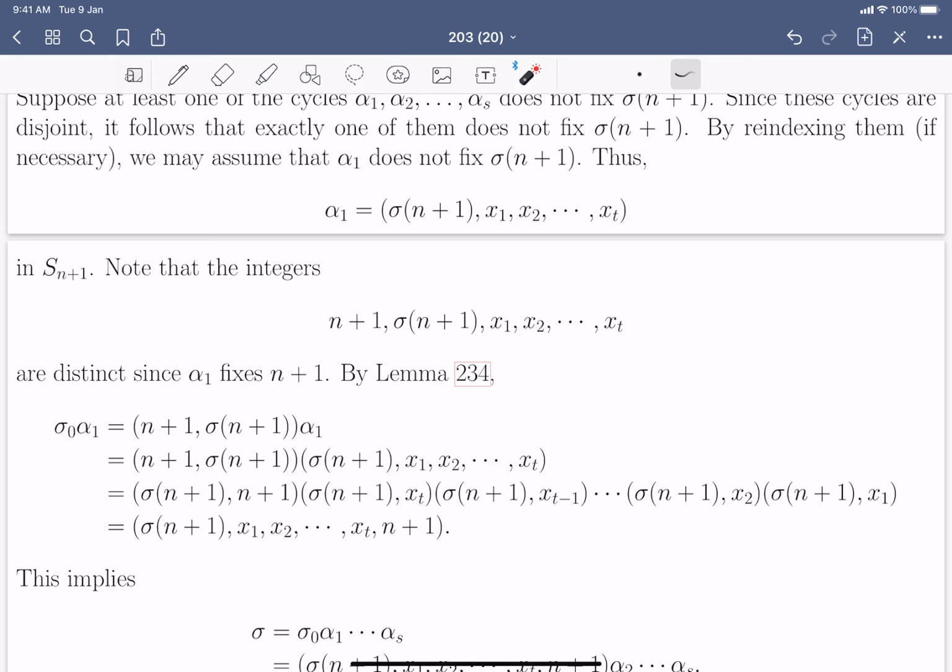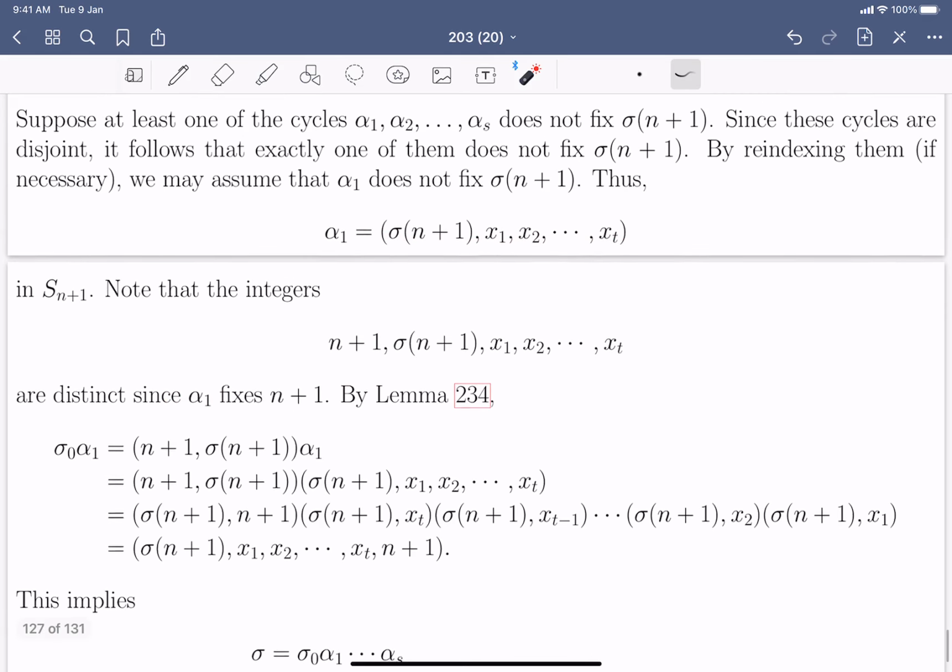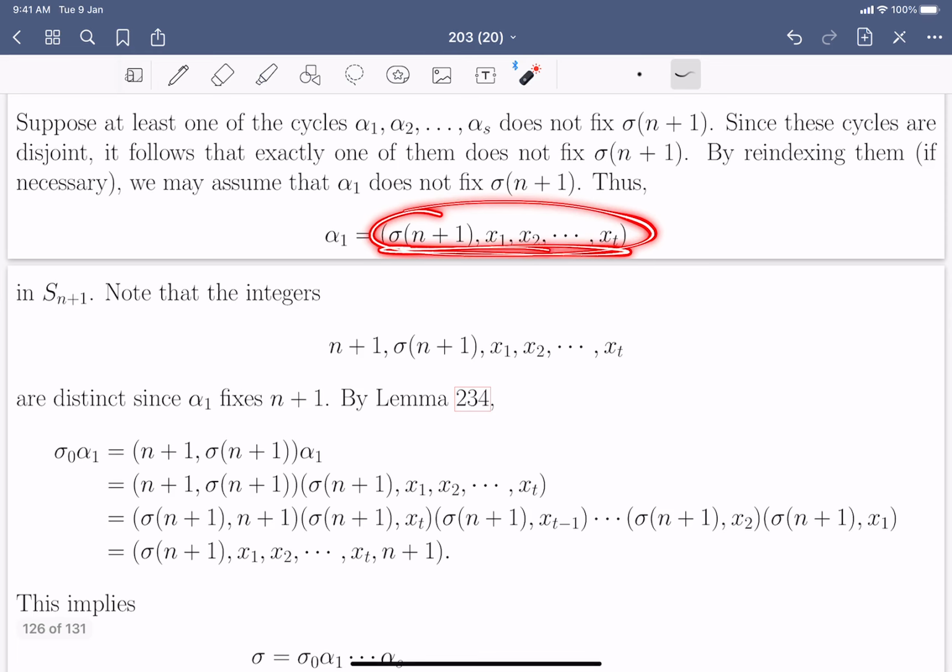So that's why n plus 1 cannot be any of these, because alpha 1 fixes this and alpha 1 does not fix any of them. And all these integers, any two of them are pairwise distinct. That is clear, because alpha 1 is a cycle, and when you write down a cycle in this form, then all these integers are distinct by convention.